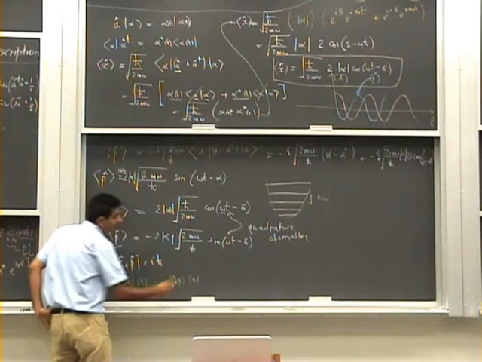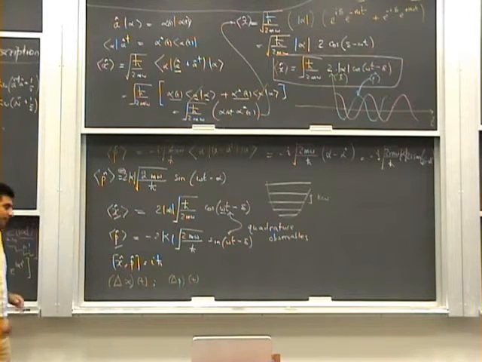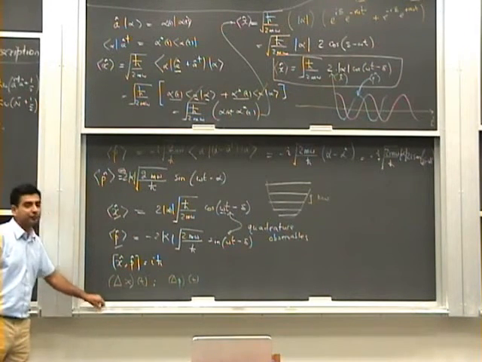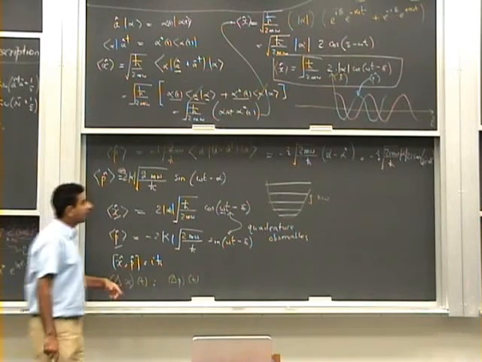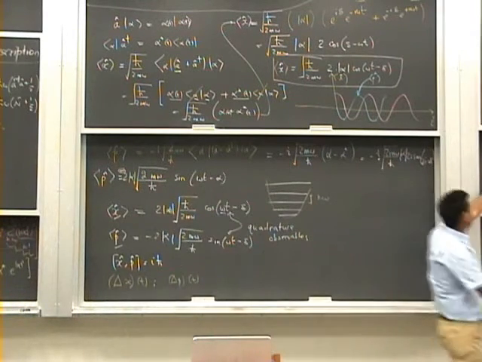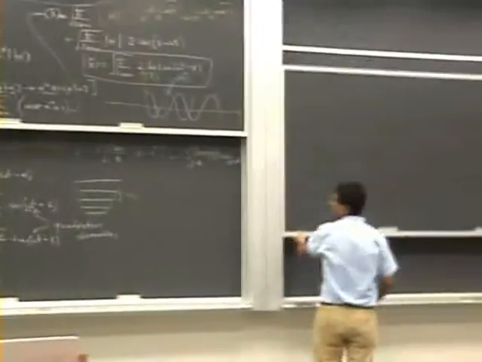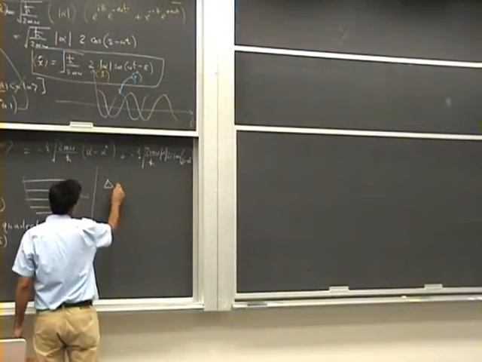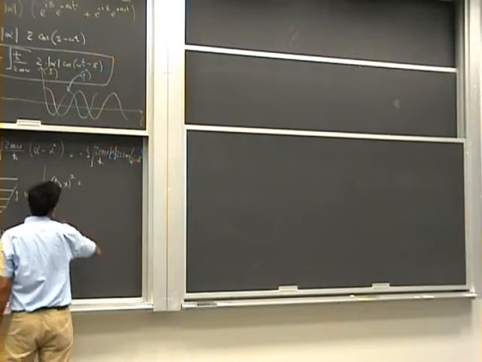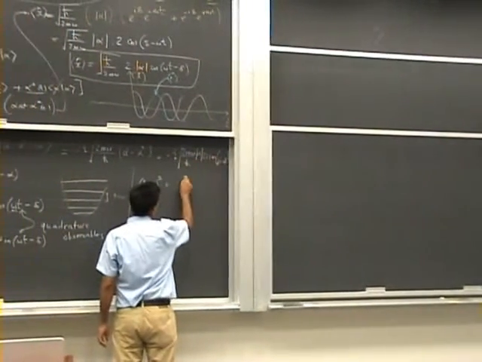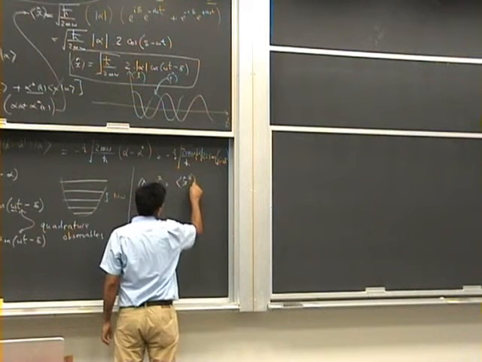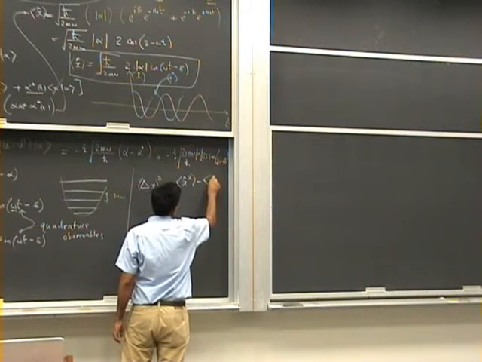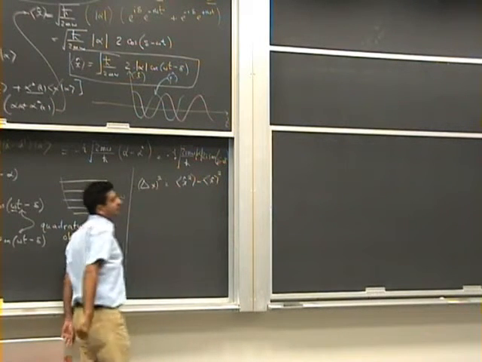I assume it's a function of time. And from this I will obtain a very useful result. So let's find out the uncertainty in the position. We know that delta x squared is given by the expectation value of x hat squared minus the square of the expectation value of x.